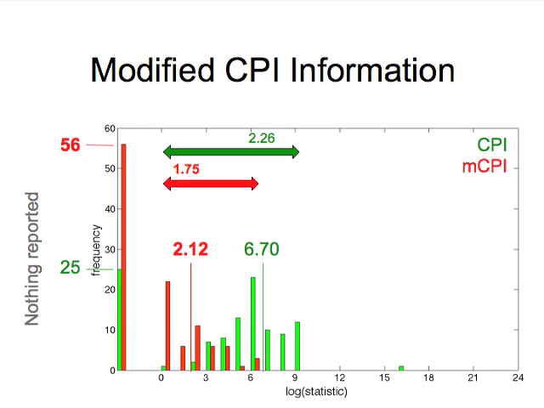Okay, and the result of that was a shrinkage of the statistics. Now, about half of the items became inconclusive, went up to 56 of the genotypes not being reported, and the average match statistic from the CPI, shown in green, of about 6, or about 1 million, came down to a much smaller region, shown in red, of average log LR of 2, which was an average match statistic of about 150.